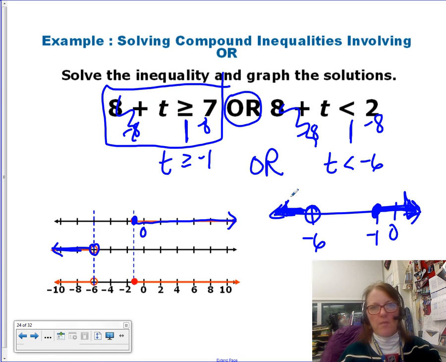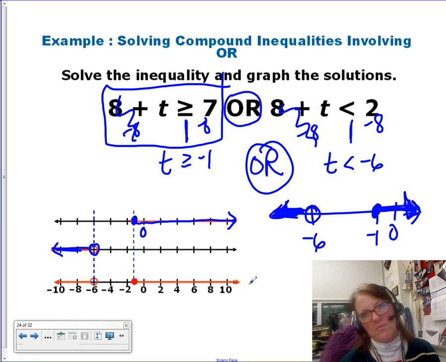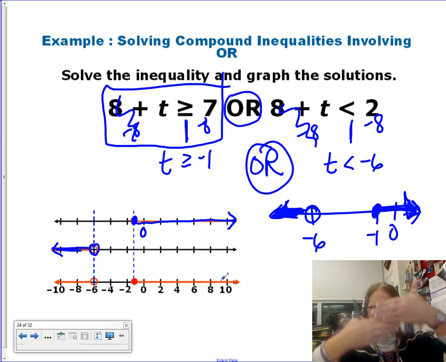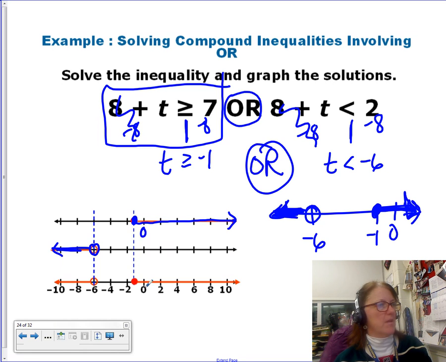There's no overlap at all, so you have this open space in the middle, and your solutions are either in this shaded region or in this shaded region. So when you see the or, that's implying you're going to get this situation, and an and is going to have some kind of overlap.